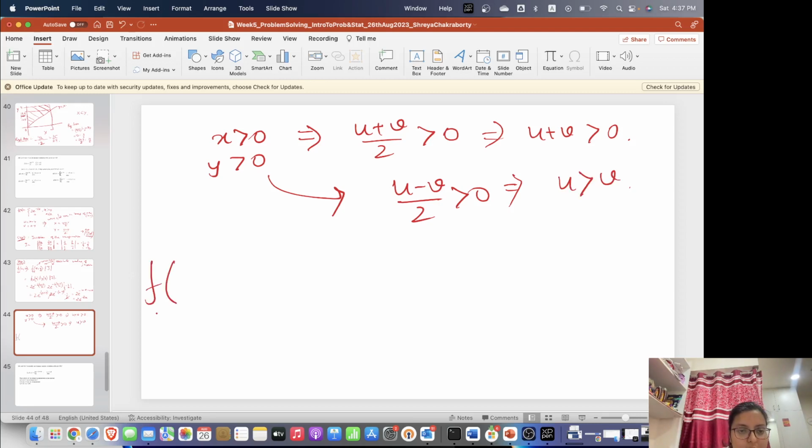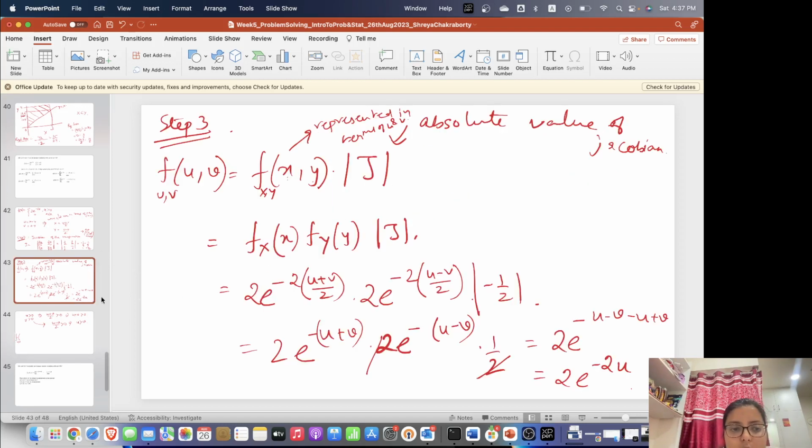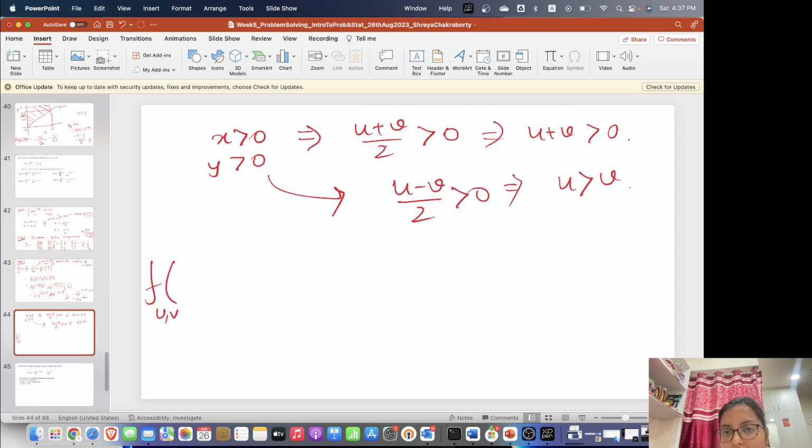We have written some f(x) and f(y) which is not 0, which implies that x and y must be greater than 0. So in terms of u and v, (u plus v) by 2 if it is greater than 0, then u plus v should also be greater than 0. And (u minus v) by 2 should also be greater than 0, which implies u should be greater than v. Okay.